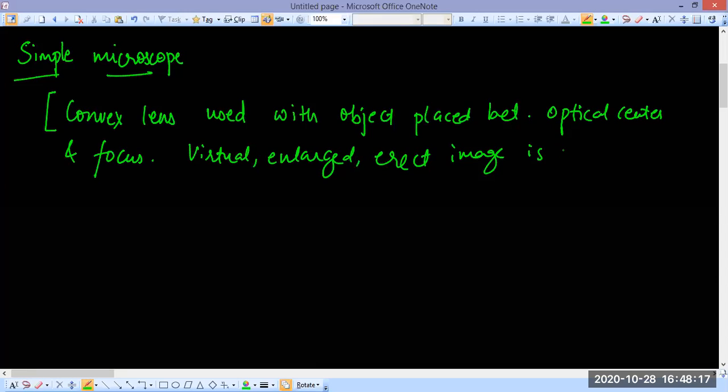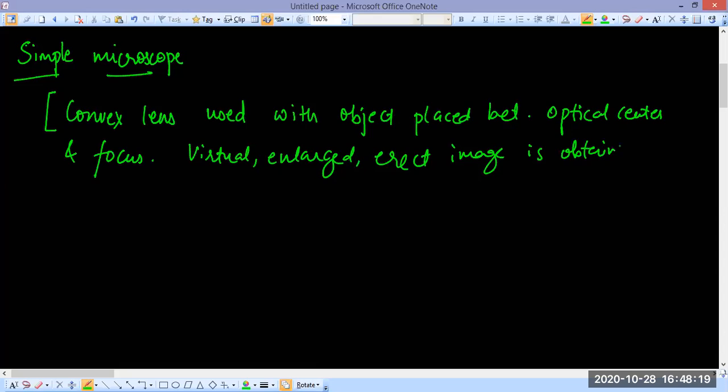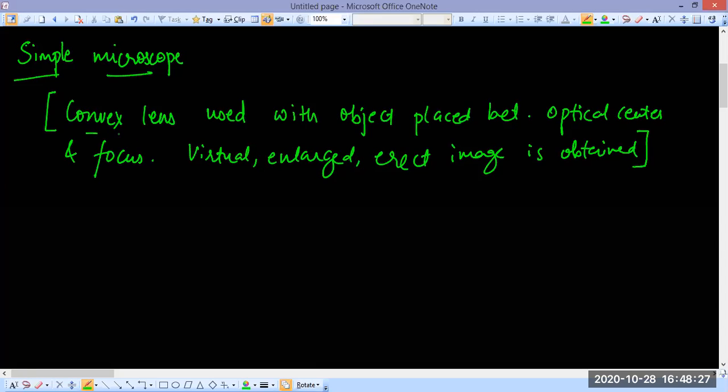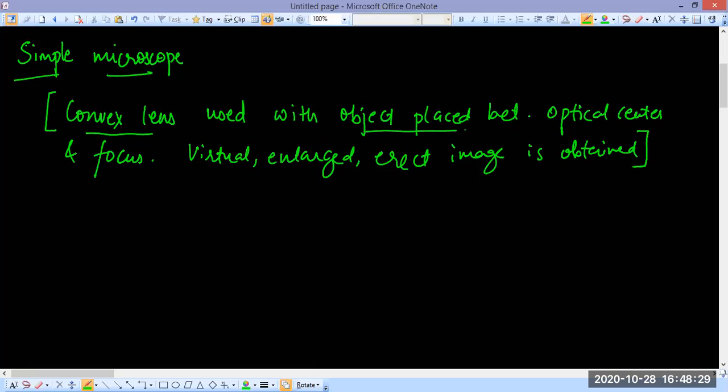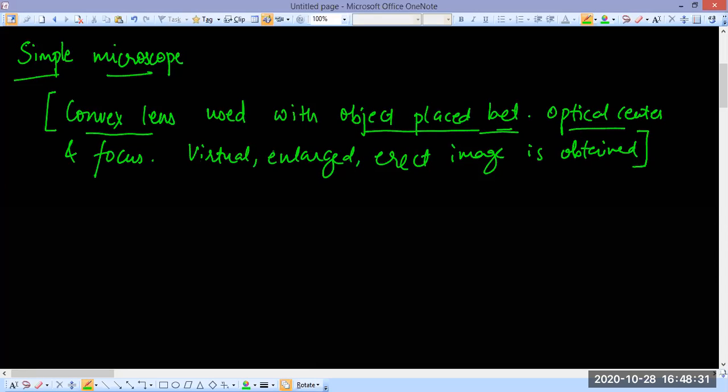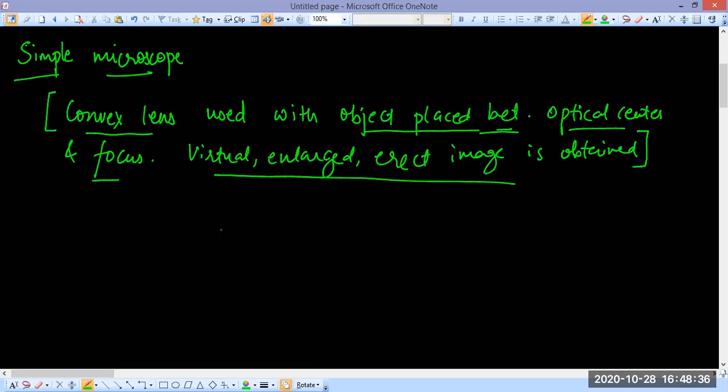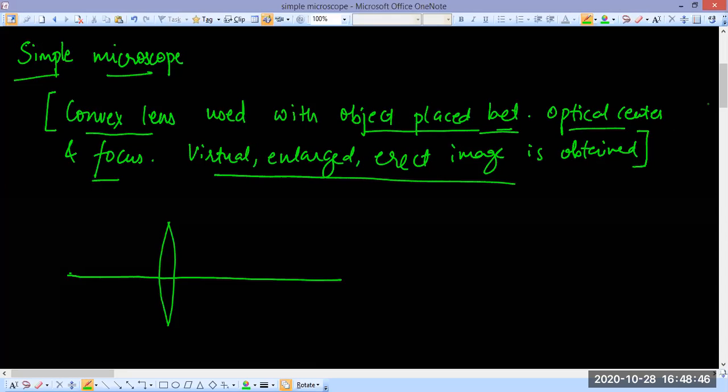This is its whole story, the simple microscope, right? This is exactly what a simple microscope is and this is what it does, right? It is a convex lens so that we place the object between optical center and focus and we obtain a virtual, enlarged and erect image. For this there is one thing to derive, but we won't look at the book's method, okay? We will do it directly.